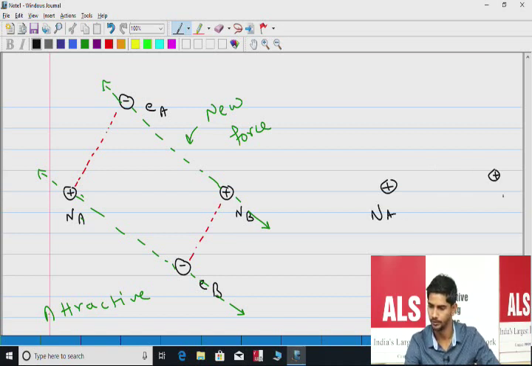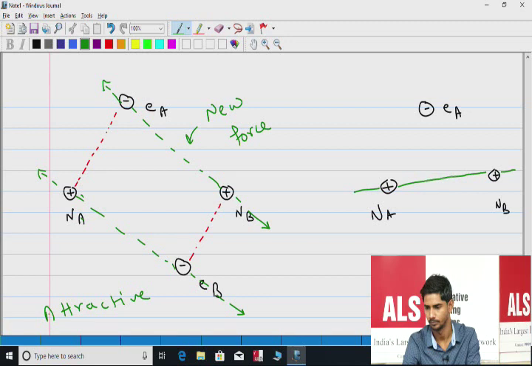Nucleus of A, nucleus of B, electron of A, electron of B. And these are your new repulsive forces.